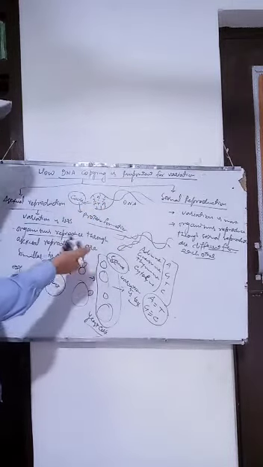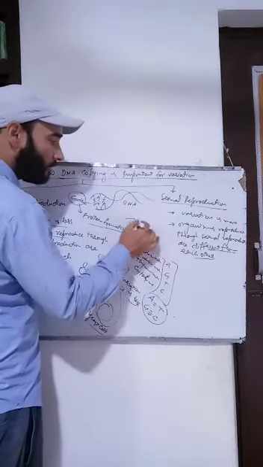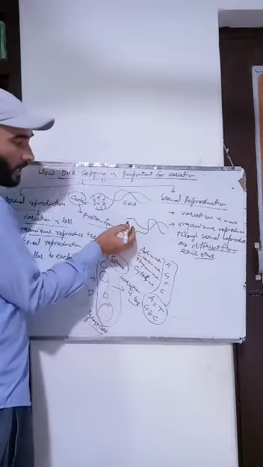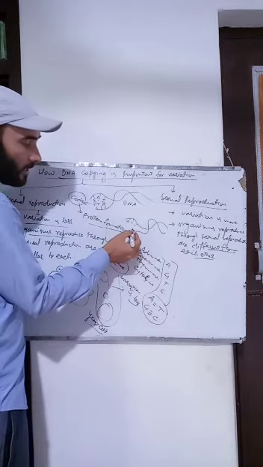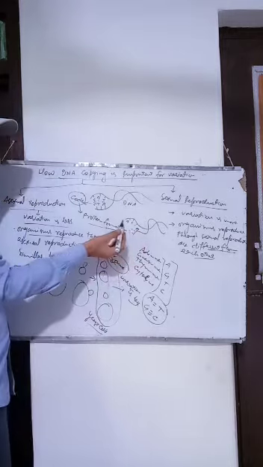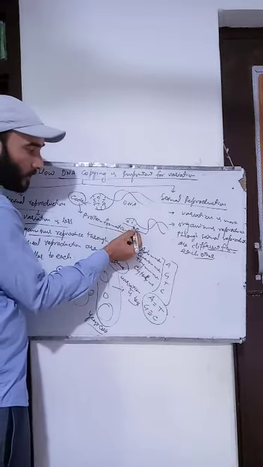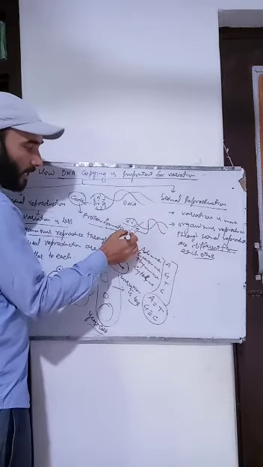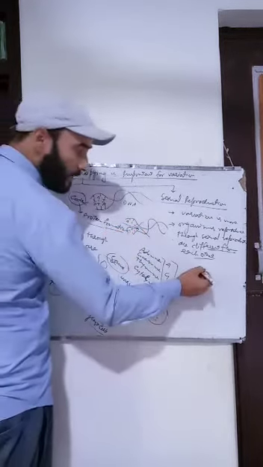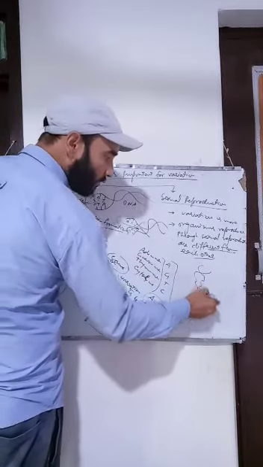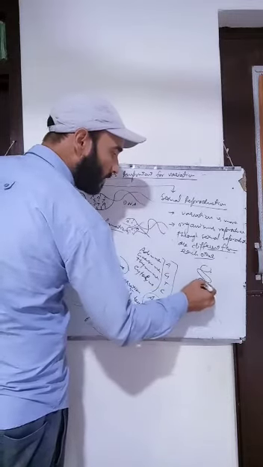When the DNA is copied, the fidelity of copying is very high. If this is the DNA, here there are bases A, G, T, C, A. There are certain enzymes which copy the DNA. They form a new strand for one original strand, and another new strand for the other original strand.